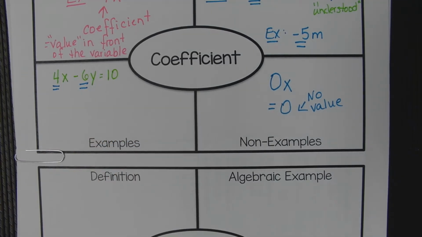Here's a linear equation. See the green. What form is this in? Standard form. I have 2 coefficients, 4 and 6. Negative 6. Thank you.